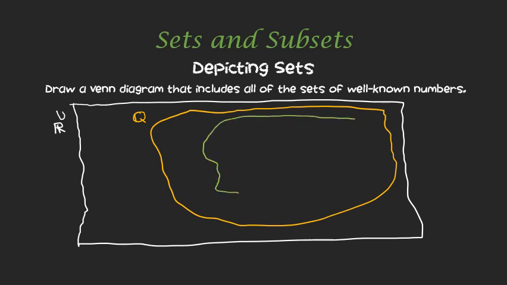So notice how I'm drawing my blob so that there's some stuff outside of the blob, but inside the rationals. So these would be the integers. And then the smallest well-known set of numbers that we deal with is the natural numbers, which sit inside of the integers. So we're really just visually depicting those subset relationships that we had before.